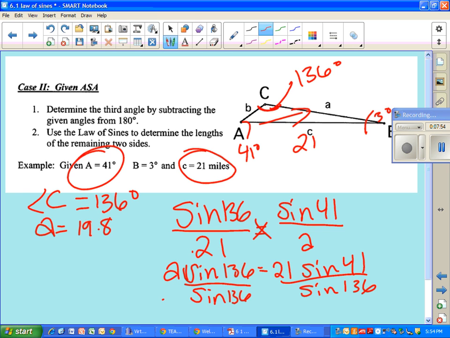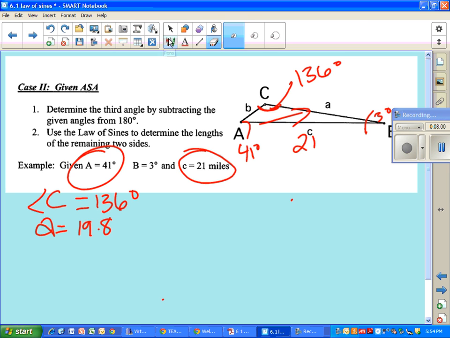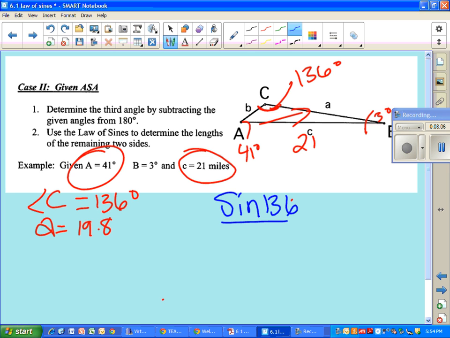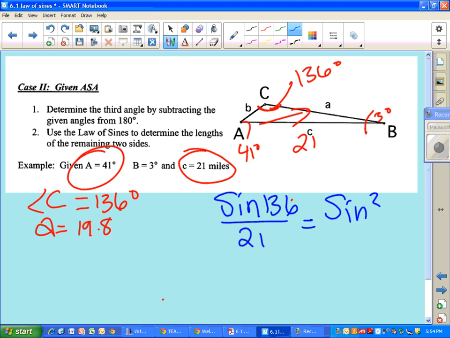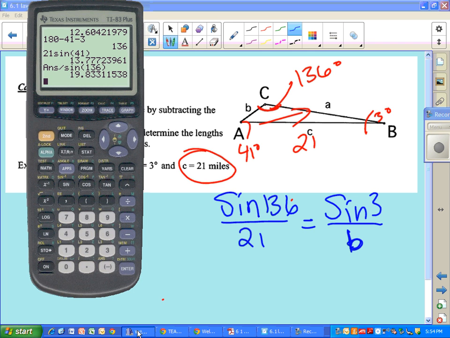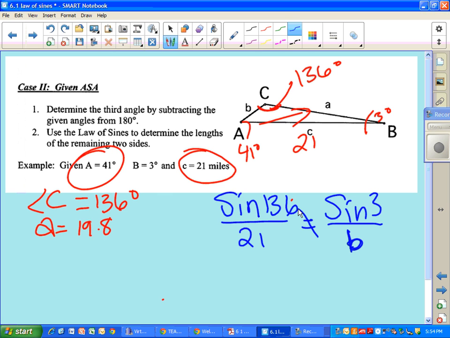Lastly, I have to solve for side length b. Let's set up that proportion. Again, I can still use sine of 136 over 21. But now I just have to set up my b, so sine of 3 degrees over side length b. I know that b should come out a pretty small length since 3 degrees is really small. Again, I'm going to cross multiply.